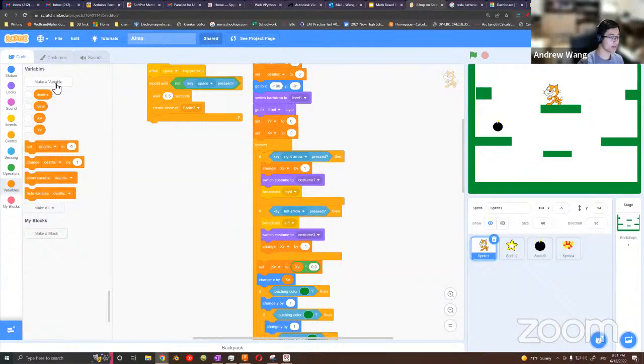And over here, we just happen to have our variables set to xv and yv. Can anyone give me a guess on what those two mean? I'm just going to fill in the blank really quick. So that is x velocity and y velocity.